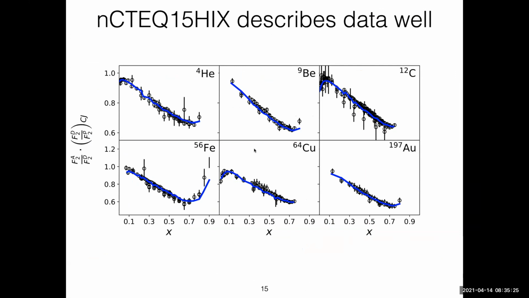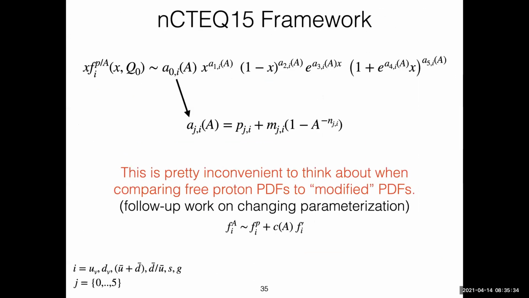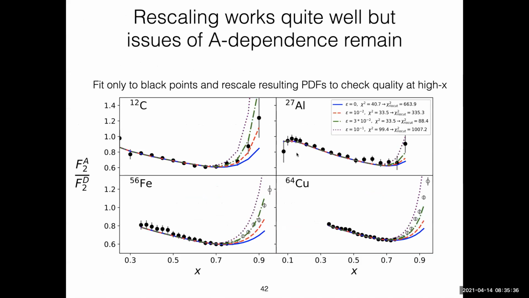Yeah, so that essentially gets into our future work. Let me actually go to this slide here. What we noticed when trying to describe even lower kinematic data, going to very, very low W and trying to get into the Fermi smearing region, is this. I'll just focus on this panel here, or actually iron works fine. These gray points have not been included in the fit.